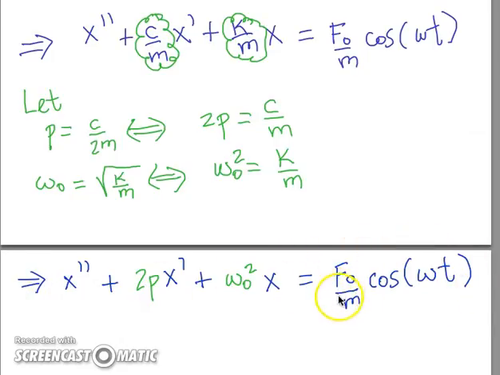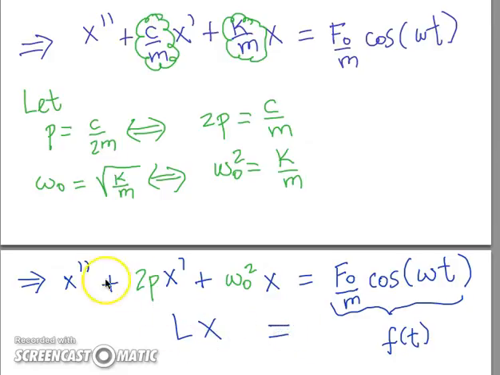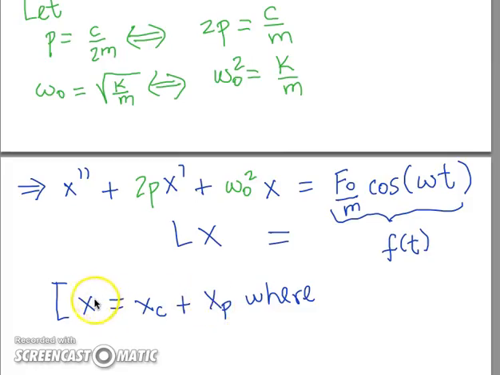The right hand side is what we were calling in general little f of t, right? And we can think of the left hand side as an operator L of x. So this is basically our operator L of x equals f of t. So we're interested in finding the general solution of this function x of t. We would like to find a general solution x, which is a linear combination of x sub c, the complementary solution, and a particular solution here called x sub p.